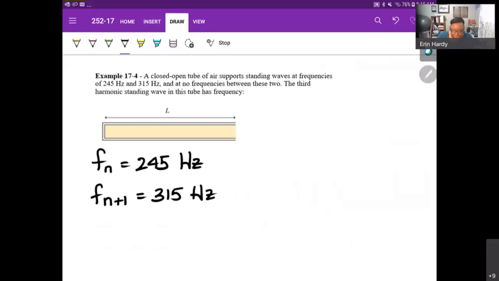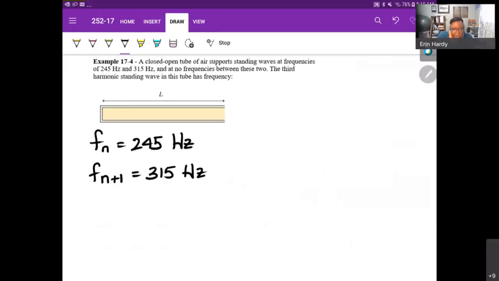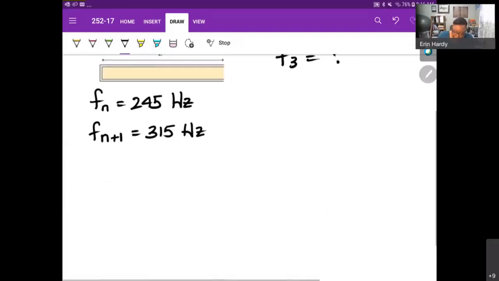So there are no frequencies between these two. We're looking for the third harmonic standing wave, so not m3, let's just say f3. That's our unknown. Let's start this procedure similar to the way that we did the other one, but I'm going to point out a specific difference that we have to pay attention to.